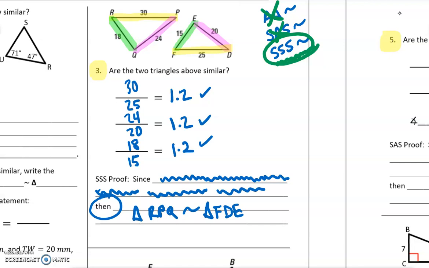Then triangle RPQ is similar to triangle FDE because you must always give a reason: side, side, side similarity theorem.